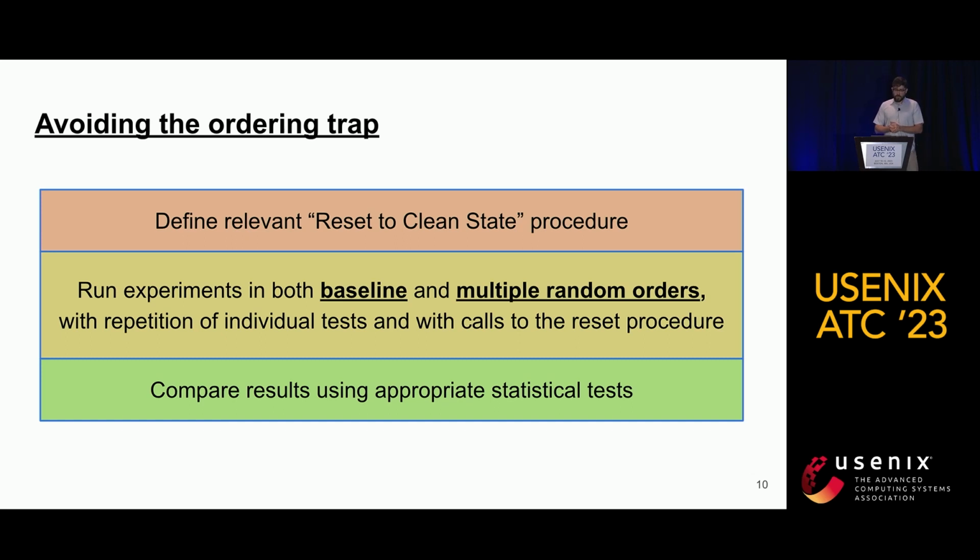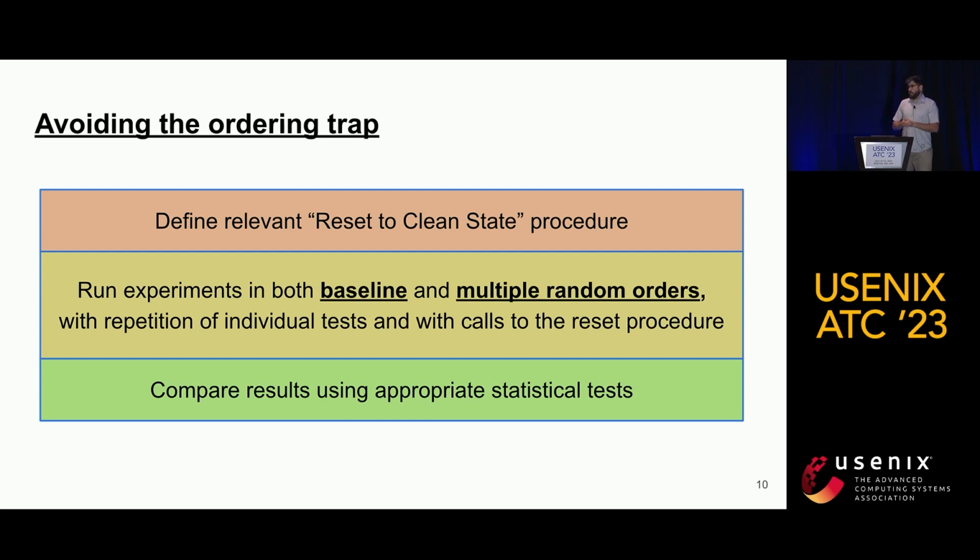Once you have that, you ideally want to run experiments in the baseline order, in multiple random orders, and compare the two, right? This baseline order, something I'm going to refer to as fixed order throughout the rest of my talk, doesn't mean it's the ideal sequence, but it's something that is more natural to you or the application you're testing.